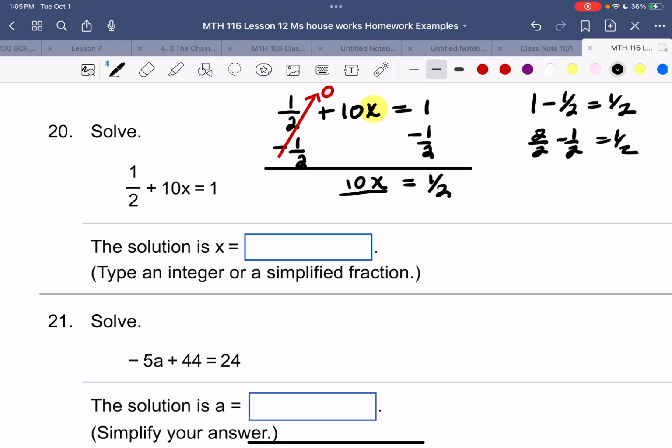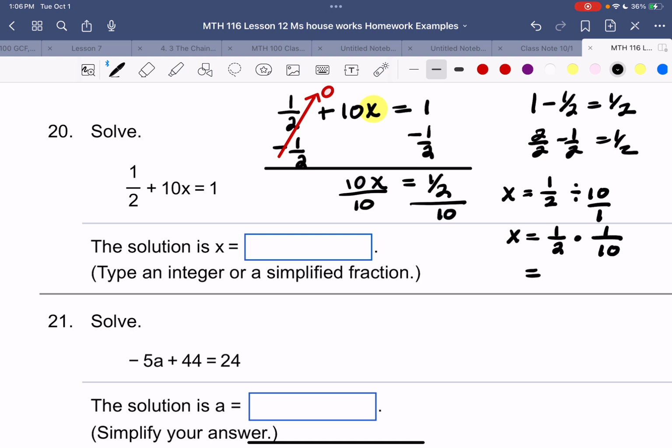I've got to divide by 10 this time. So I've got x is equal to 1/2 divided by 10. Now, certainly you can do that on your calculator, but if you remember when we did fractions, we said when you divide fractions, you got to multiply by the reciprocal.